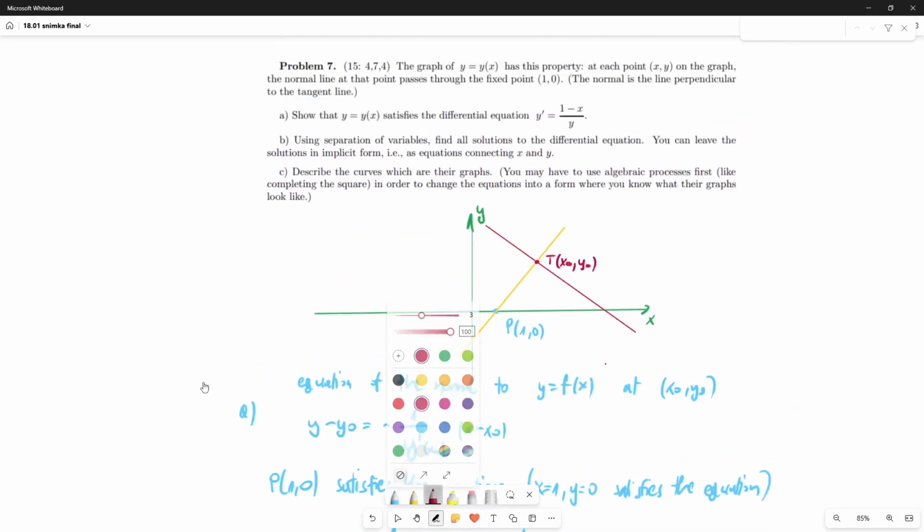So let's just draw the corresponding circle for our figure.